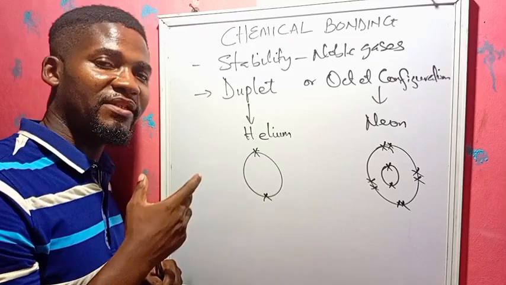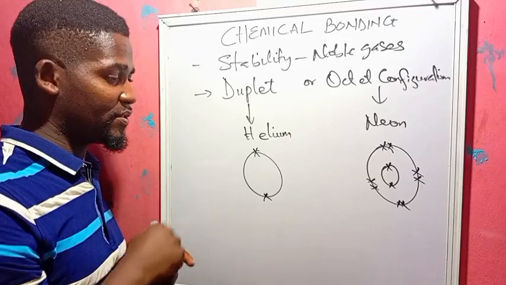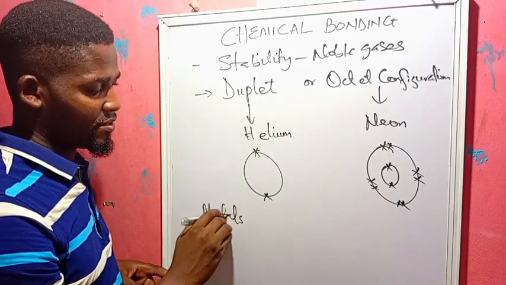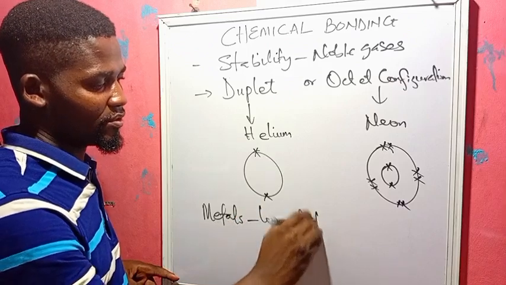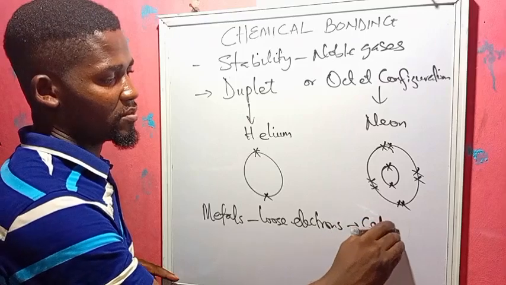Metals ionize by losing electrons to become cations.